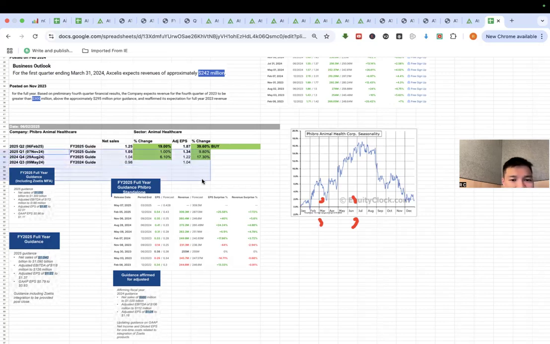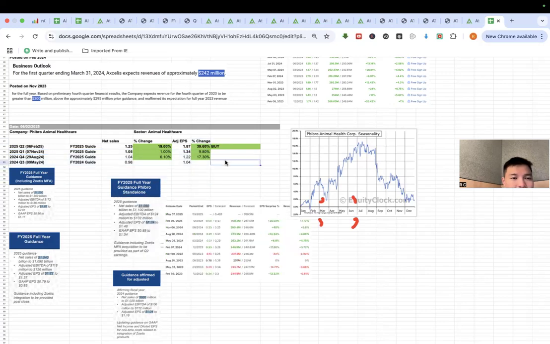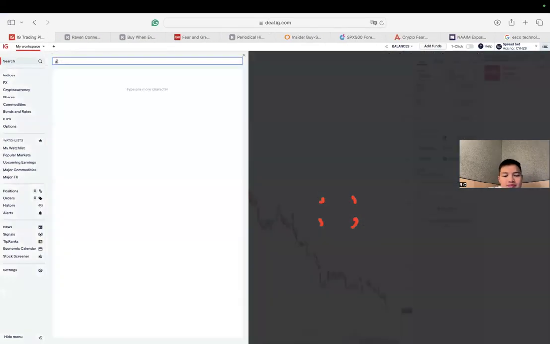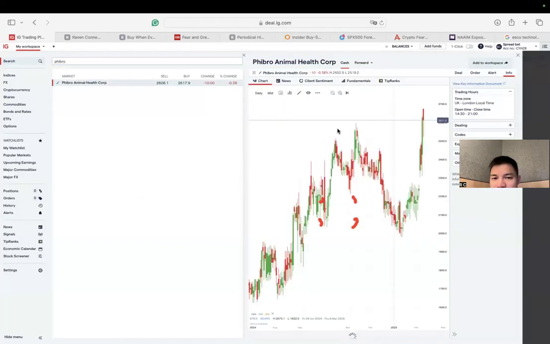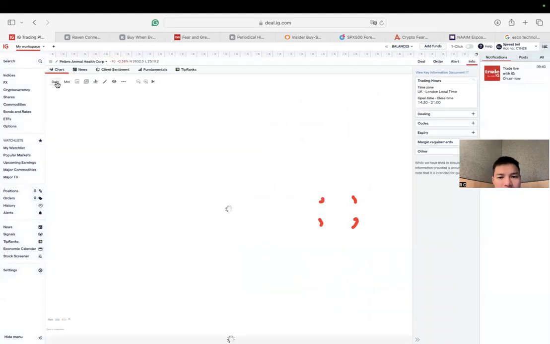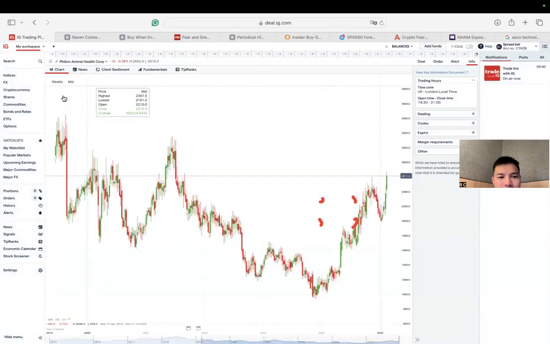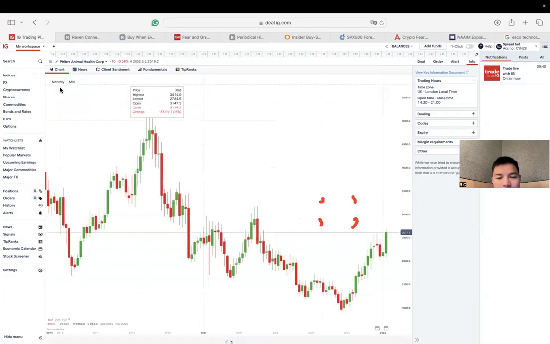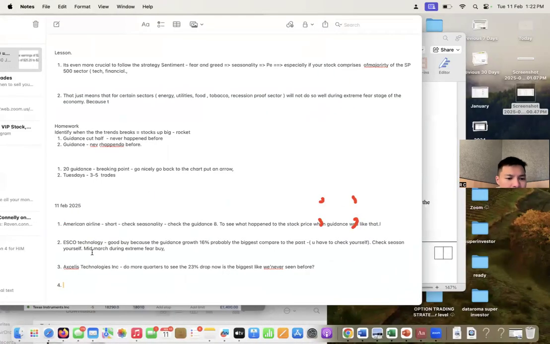Looks like we need a little bit more. I need to see if 36% is something that has never happened before. 39%. Fibro. So we're at all-time high already. Not yet. Almost there. Let's type Fibro animal.